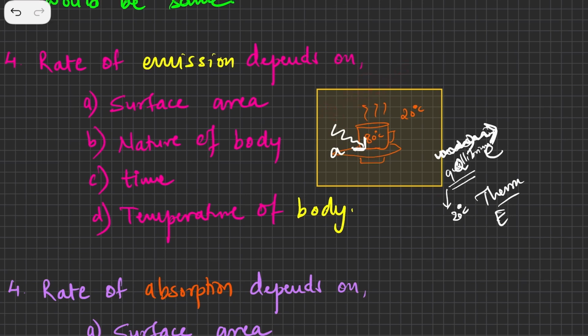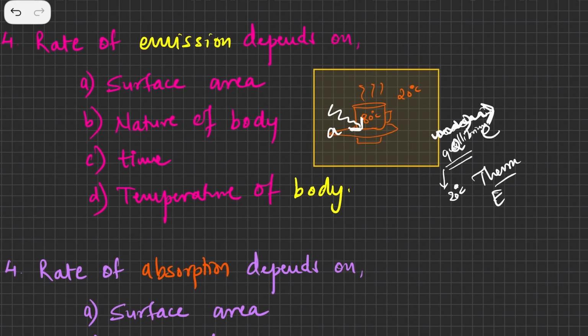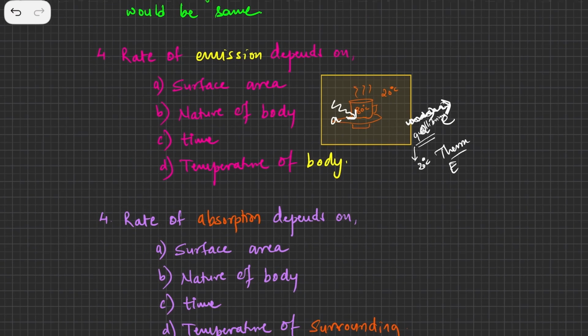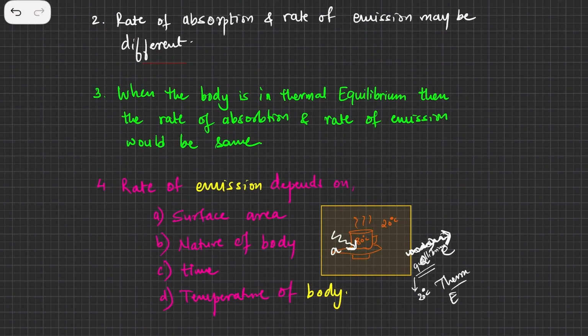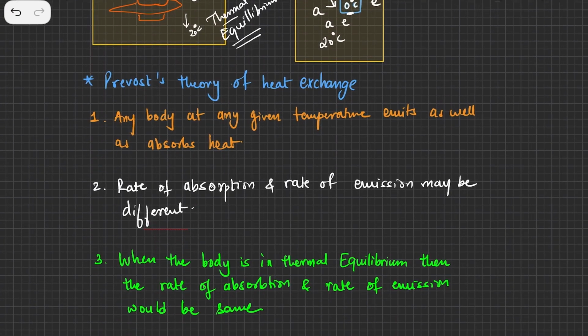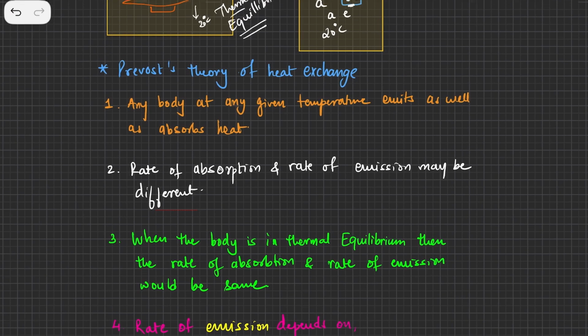So if the temperature of the surrounding is higher, the absorption rate would be higher for the teacup. This is all about Prevost theory, and we will be using it to prove Kirchhoff's law. In case you haven't taken the screenshot, you can go ahead and take a screenshot, magnify, and make your own notes.